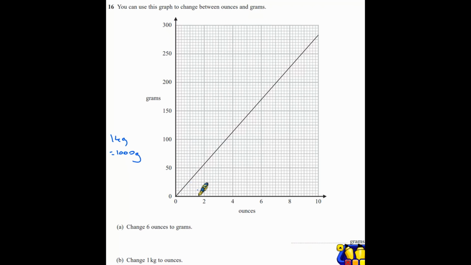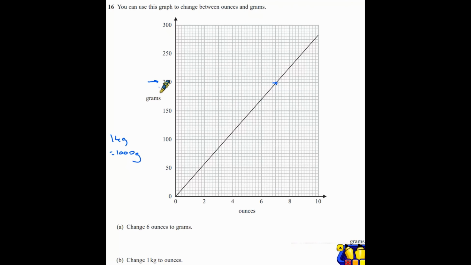There's a number of different ways we could do this. What we could do is convert 100 grams, so draw a line across and down from 100, and then multiply the answer by 10 to get 1,000. You could do 200 grams and measure across here and down.